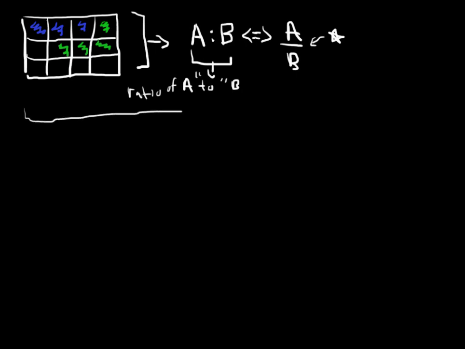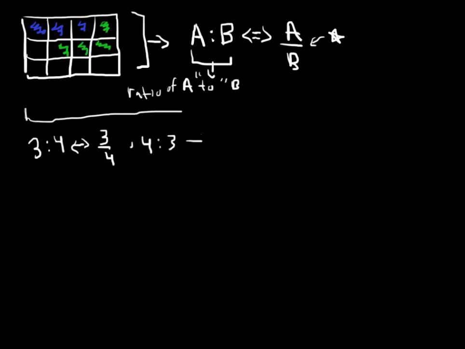What if you wanted to say, what is the ratio of blue squares to green squares? Well, that's easy. You know that we have 3 blue and 4 green, again equivalent to writing 3 over 4. Now what if we wanted to do the reverse, the ratio of green to blue?